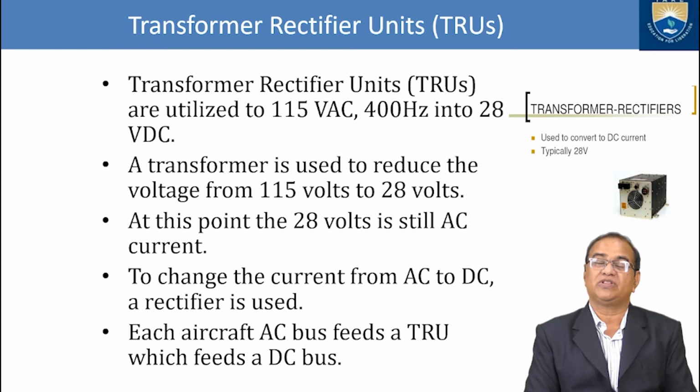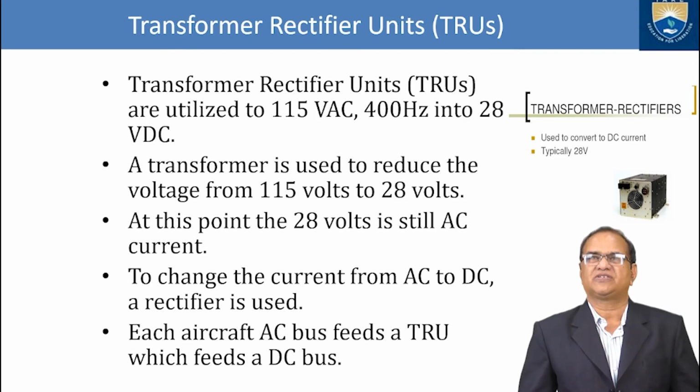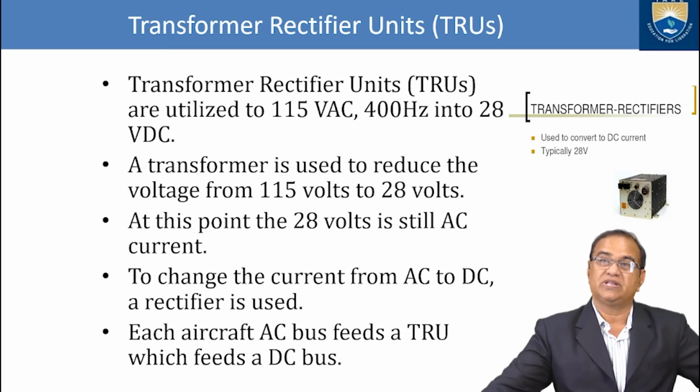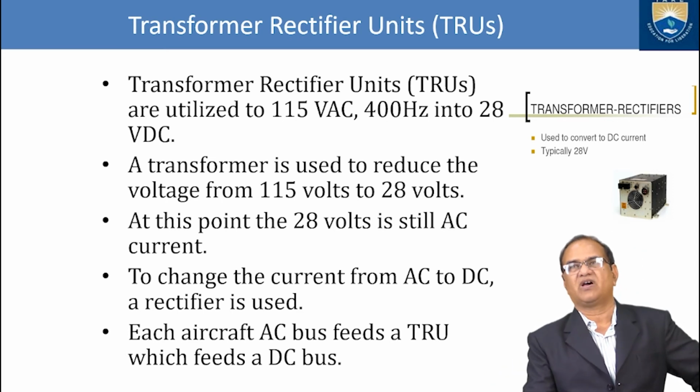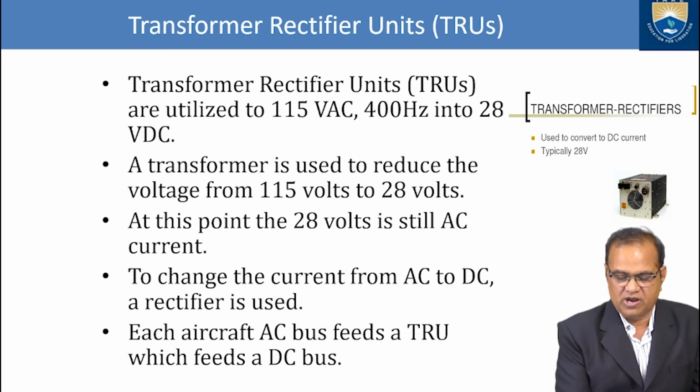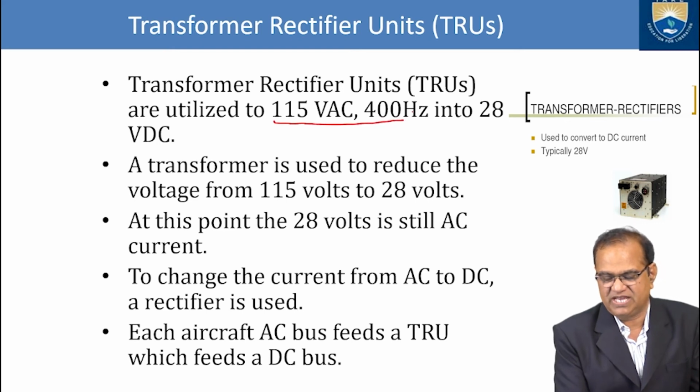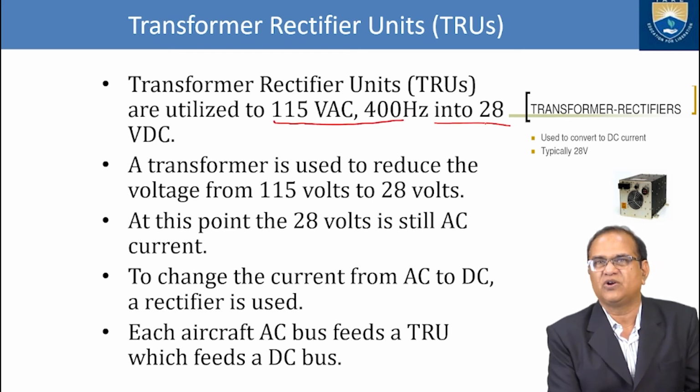Now I will go to the next important component of this power generation. It is called the TRU, or transformer rectifier unit. Transformer rectifier units, TRUs, are utilized to convert 115 volt AC, 400 Hertz into 28 volt DC. So the purpose of the TRU is to convert AC of this range to 28 volt DC.